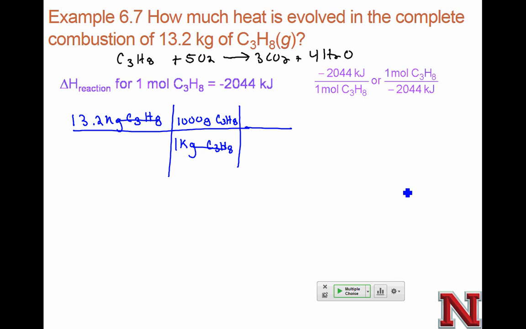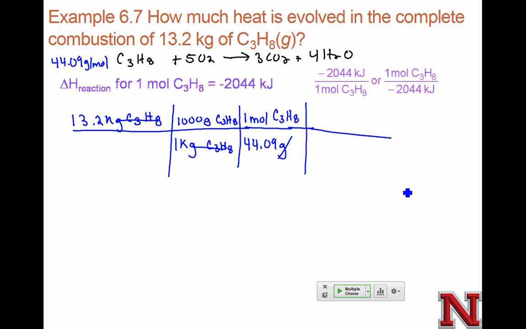So we can calculate our molar mass is 44.09 grams per mole. Again, you can do that. So our 44.09 goes at the bottom, and our 1 mole goes at the top. Now at this point, we've done all of this. This is just figure out how many moles of C3H8 we have in 13.2 kilograms. And now we have the amount of moles.